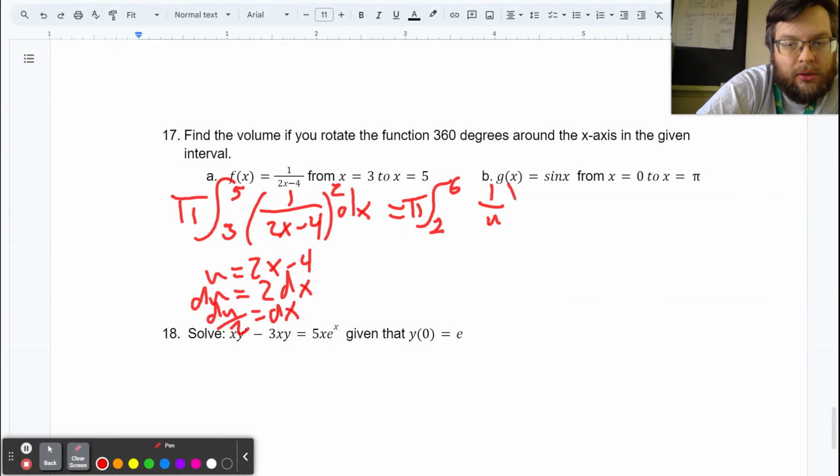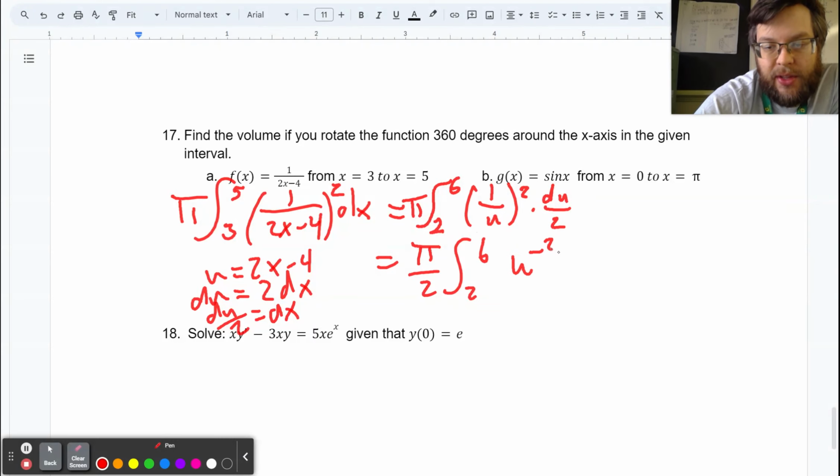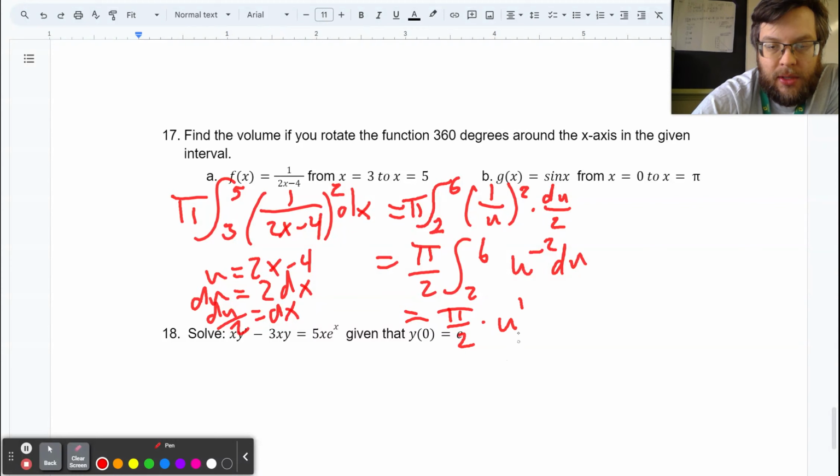Now I have 1 over u squared times dx, which is du over 2. So pi over 2, integral from 2 to 6 of u to the negative 2 power du. Pi over 2, add 1 to the power and divide, from 2 to 6.